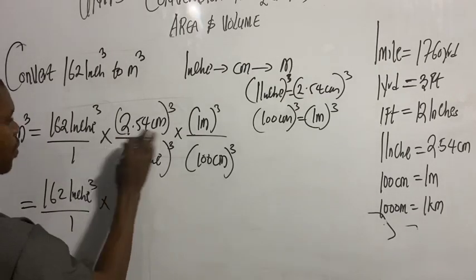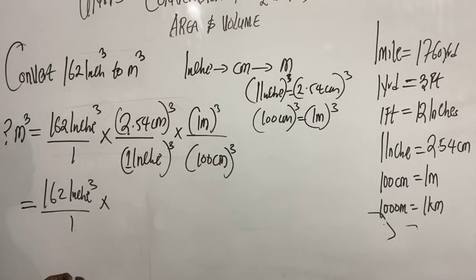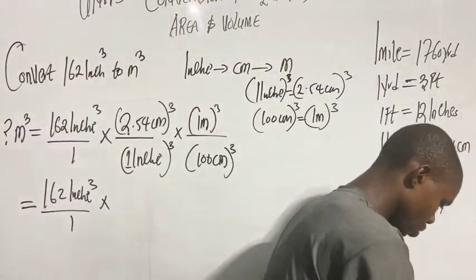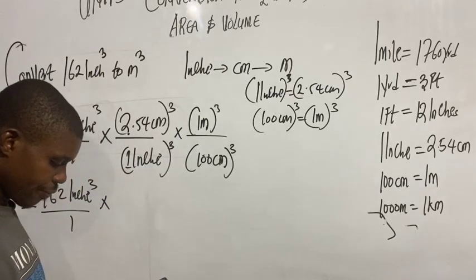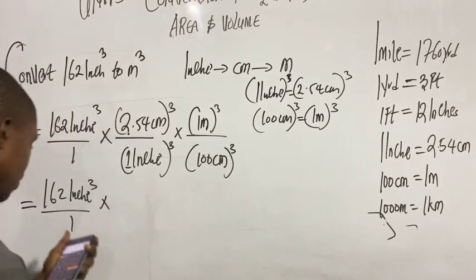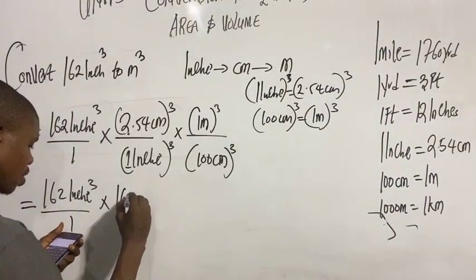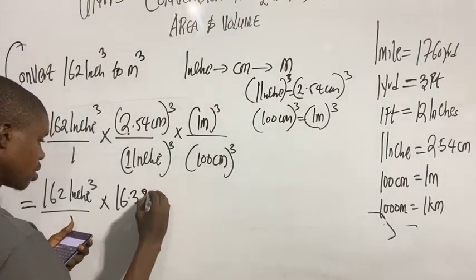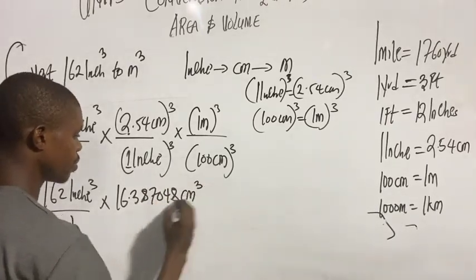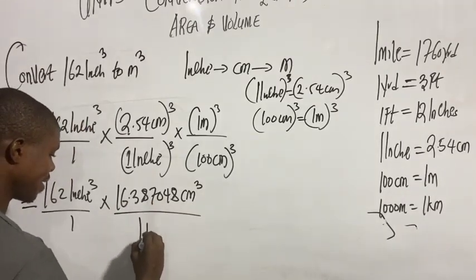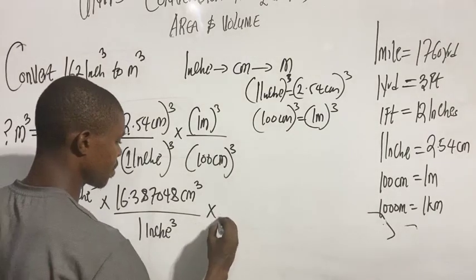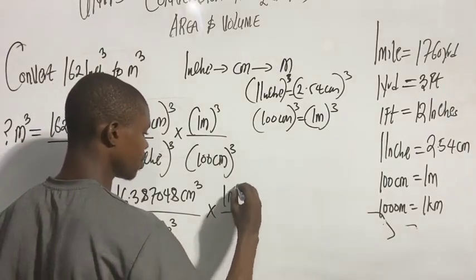So if you do this, we have 162 inch cube over 1 times. Now if we open the bracket here, it's going to be 2.54 all cubed. Do you understand? So 2.54 all cubed is 16.387048 centimeter cube over 1 inch cube, times 1 meter cube.